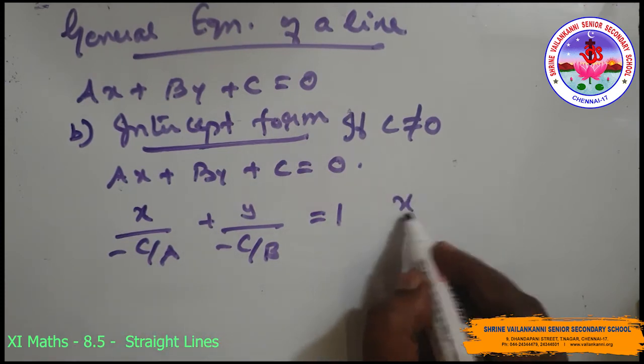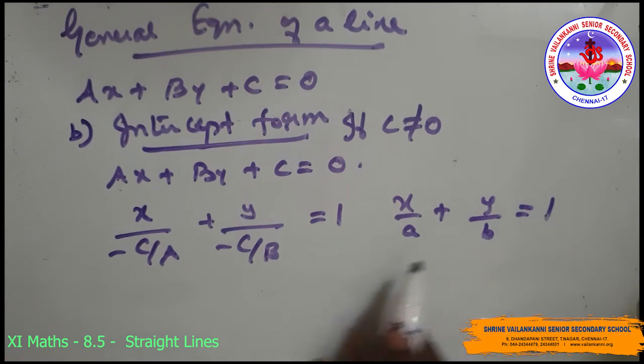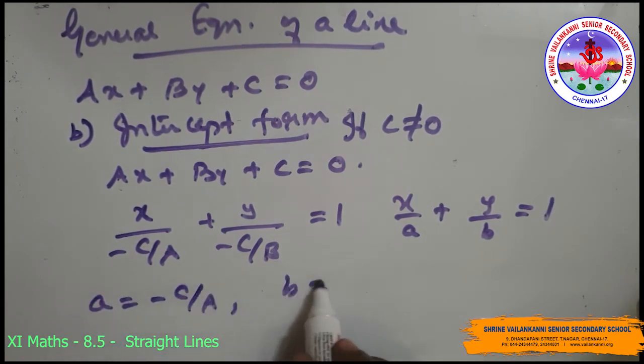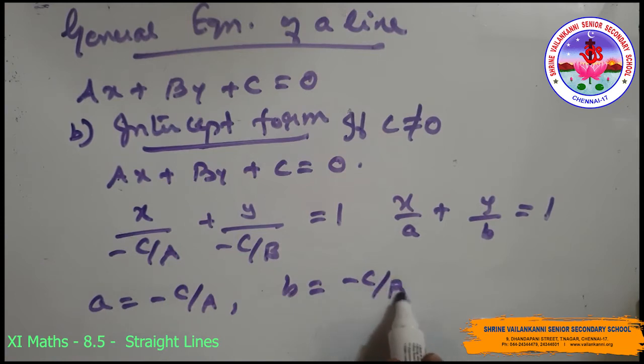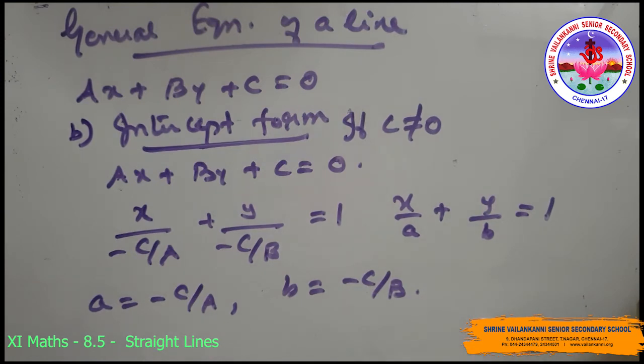This is in the form x/a + y/b = 1, where a is -c/a and b is -c/b. This is the intercept form of the equation of a line whose x-intercept is -c/a and y-intercept is -c/b.